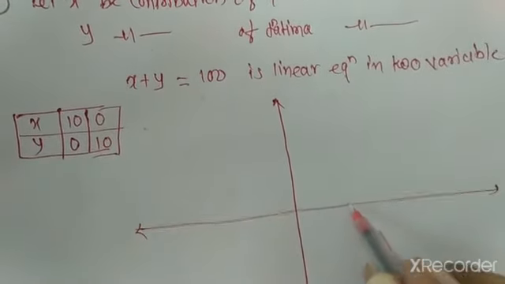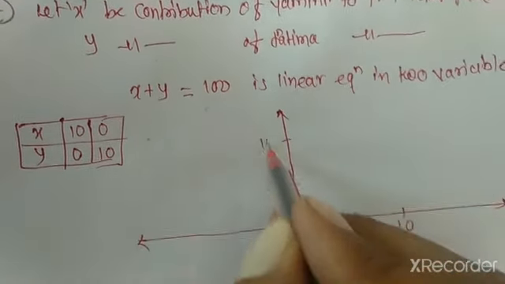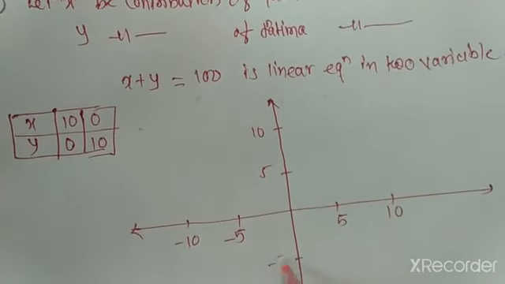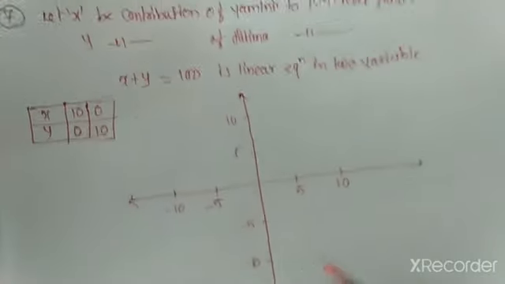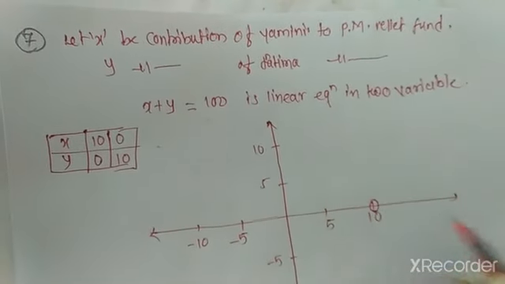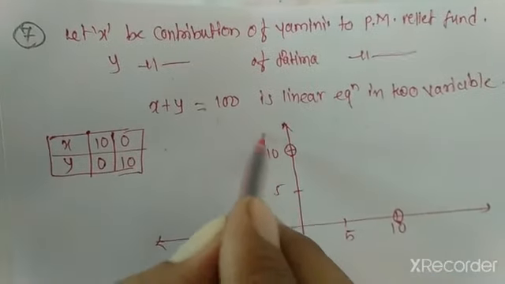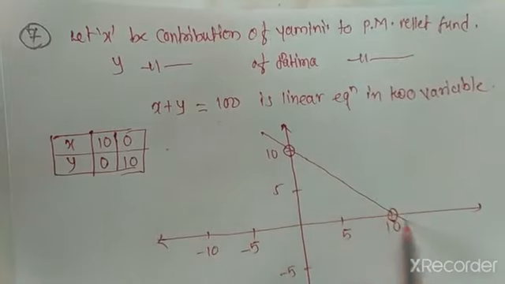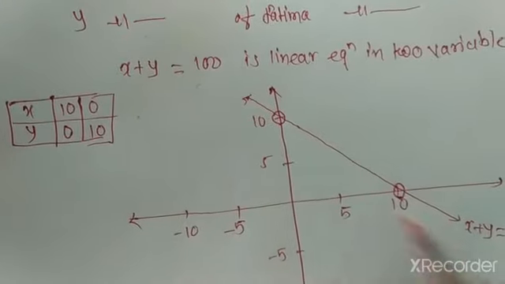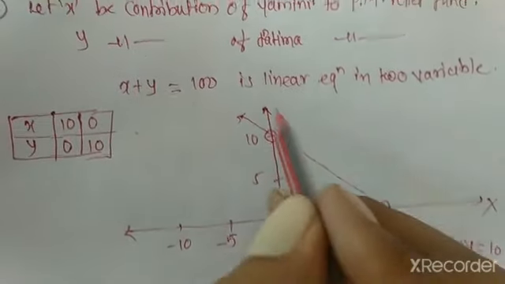So if I consider 5, 10 here, and minus 5, minus 10 here, our first point is 10 comma 0. That means our x intercept is 10 comma 0 and 0 comma 10 is the y intercept, and we have to draw a line passing through these 2 points. So this will be like this, which gives the equation x plus y is equal to 10. This is the graph for x plus y is equal to 10.